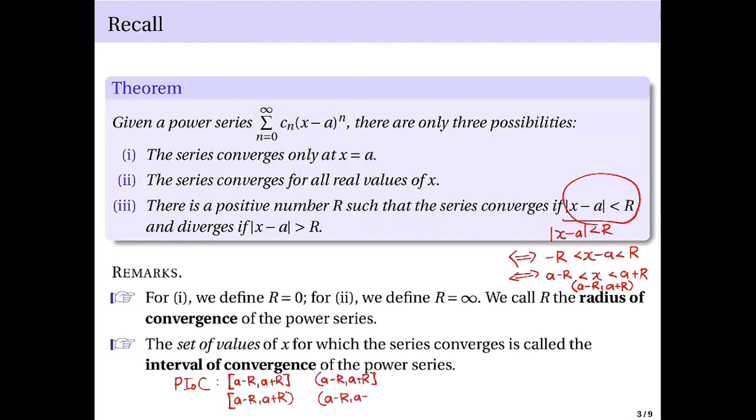Okay? So these are the four possibilities. Now, once you have obtained this inequality here or this interval here, (a minus r, a plus r), or once you have obtained the endpoints of your interval, you don't have to list down all these four possibilities. Just go directly to the testing of the endpoints, okay?